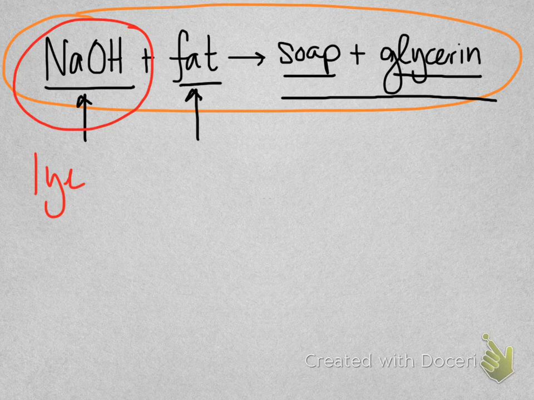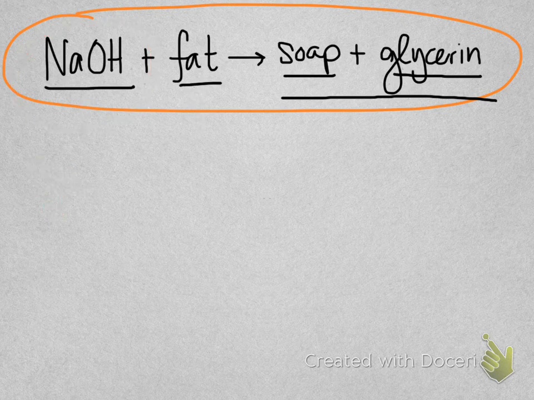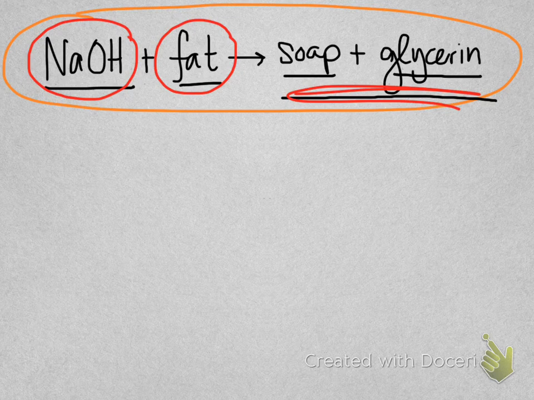Great. So if you were going to make soap and you knew that you had to have either some excess sodium hydroxide floating around in your soap or some excess fat floating around in your soap, which would you pick? I'm really hoping you said fat. A soap bar with excess fat is a very nice moisturizing bar of soap.